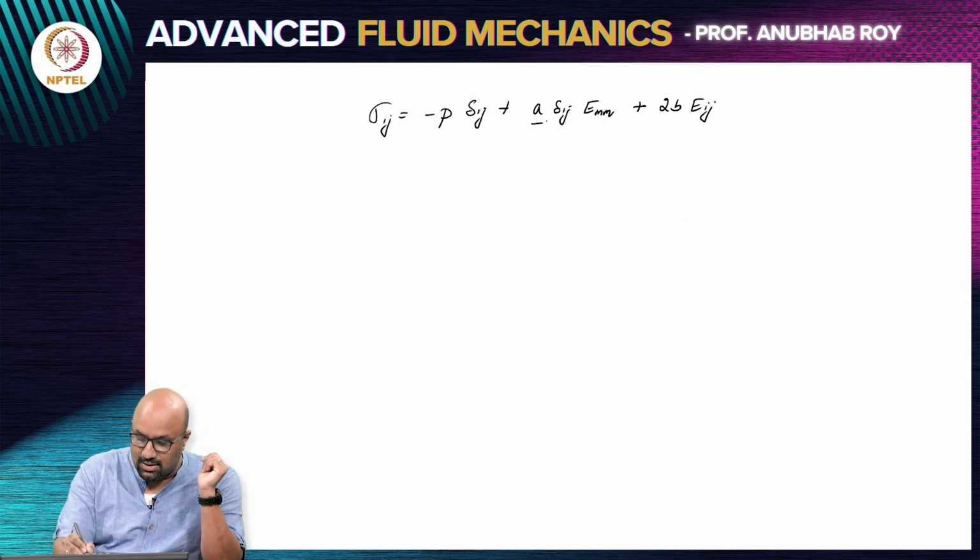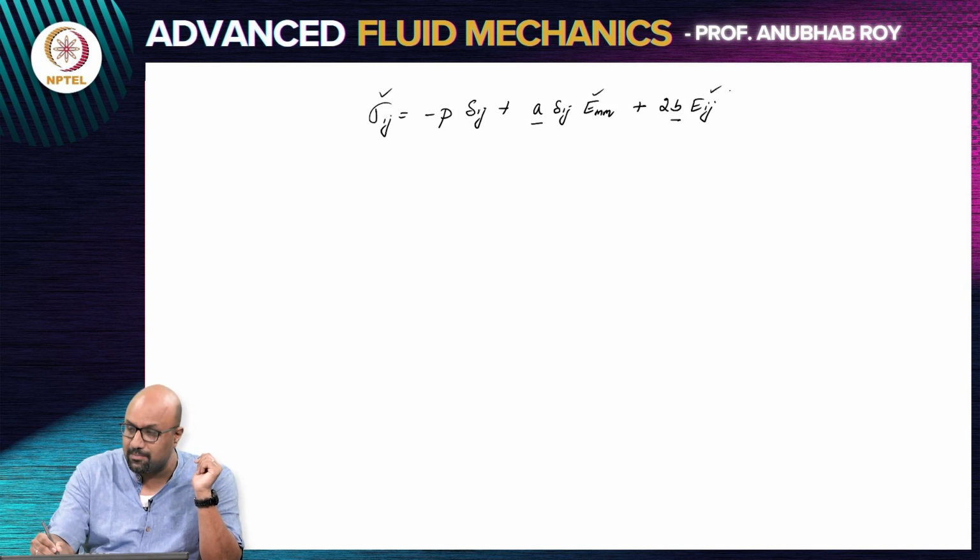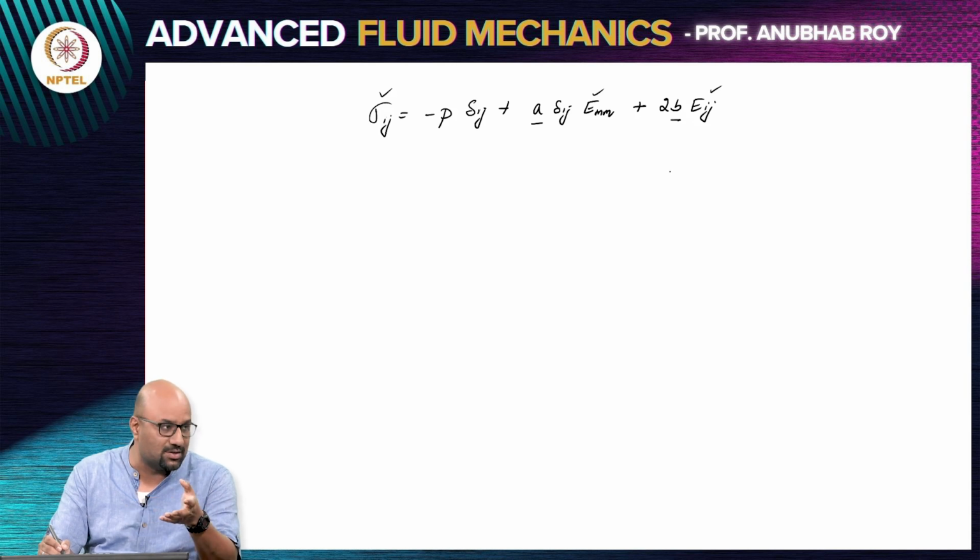Now, these constants which are appearing in relating the stress tensor with the rate of deformation, these are transport coefficients. They are coefficients which basically tell us what is the response of the system to motion, and this appears in various branches of physics. If you are trying to understand that, given there is a temperature gradient, what would be the heat flux?